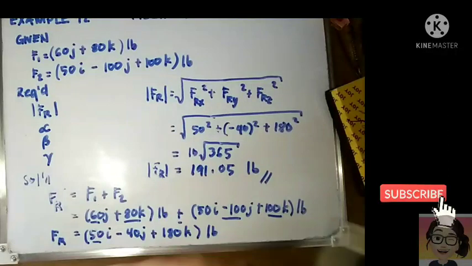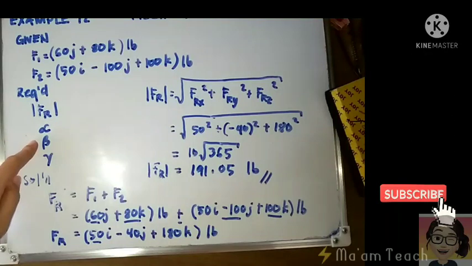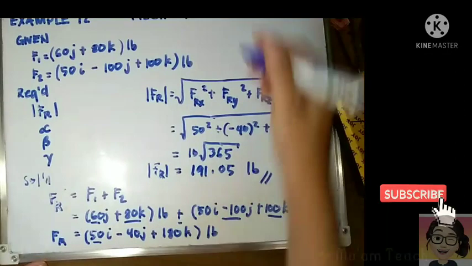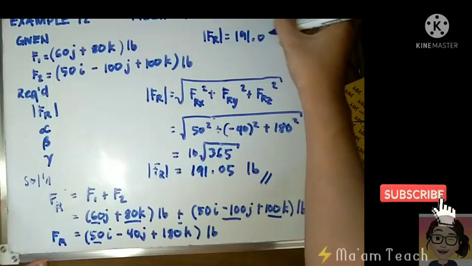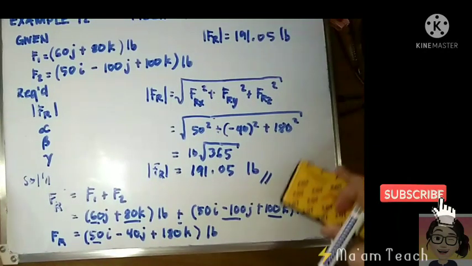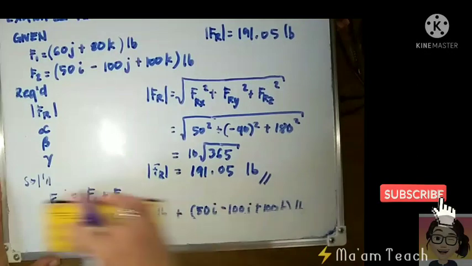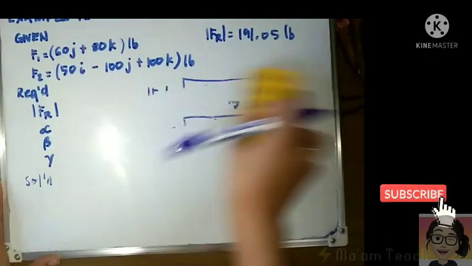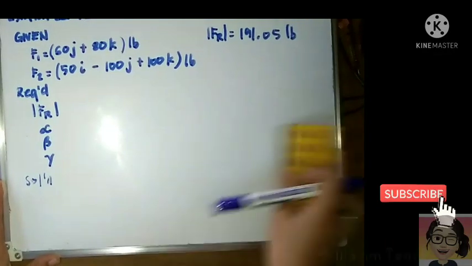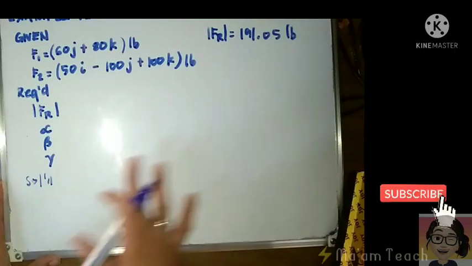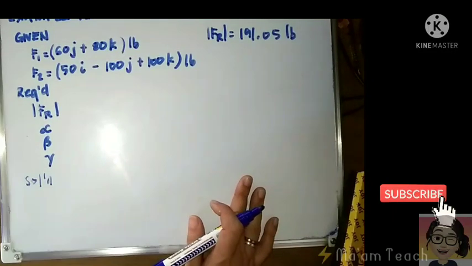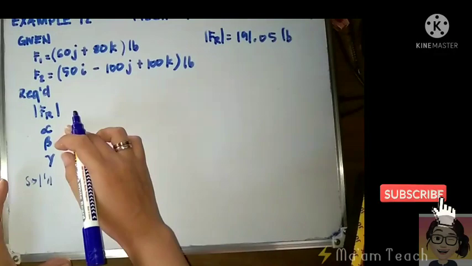How about our coordinate angles, the alpha, beta, and gamma? F sub R is 191.05 pounds.